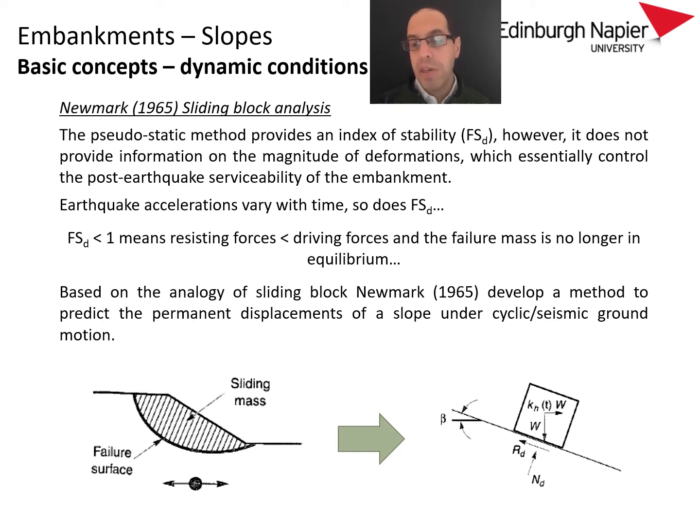They just tell you whether the slope or the embankment will fail, on the basis of that factor of safety as we discussed before. But Newmark proposed an analogy using the sliding block mechanism that can be used to predict, or at least estimate, the permanent displacement of a slope or embankment under seismic ground motions.